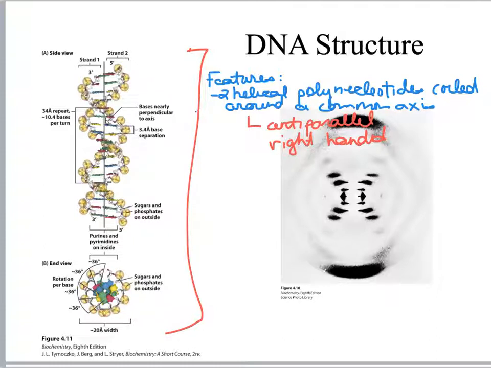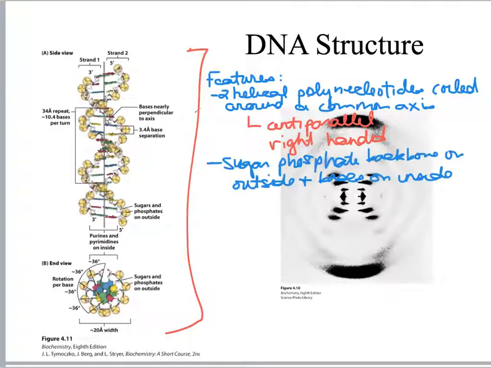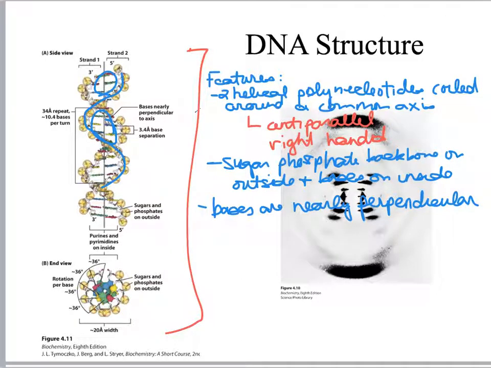A second feature is that the sugar phosphate backbone is on the outside and the bases are on the inside. We see that within the structure. Here's our sugar phosphate backbone out here, and here are our bases on the inside. The bases are nearly perpendicular to the axis of the helix.